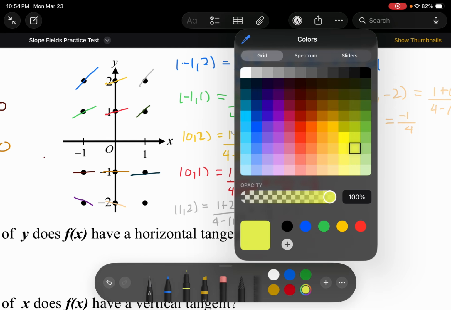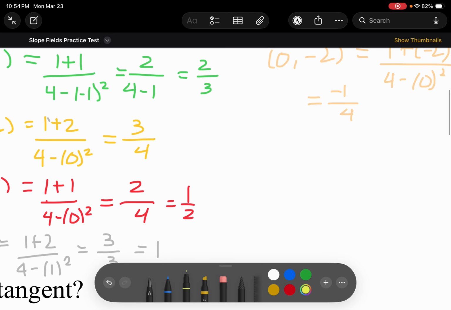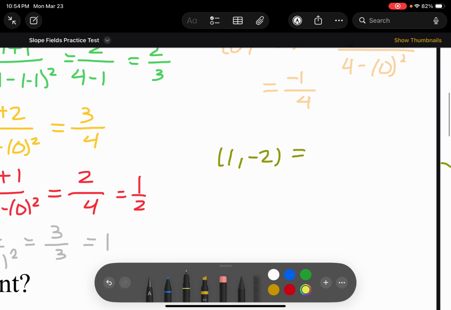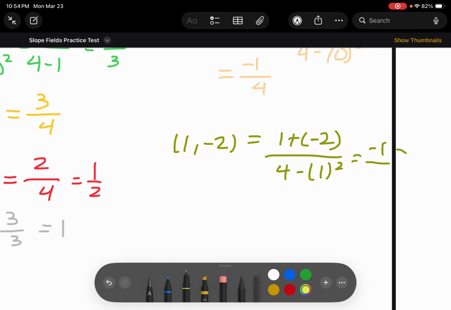Let's give it this lime green color. Okay, so it's going to be 1, -2. Okay. Equals, what is 1? 1 plus y, 1 plus -2 over 4 minus 1 squared. What's 1 plus -2? It's going to be -1. 4 minus 1 squared is 4.